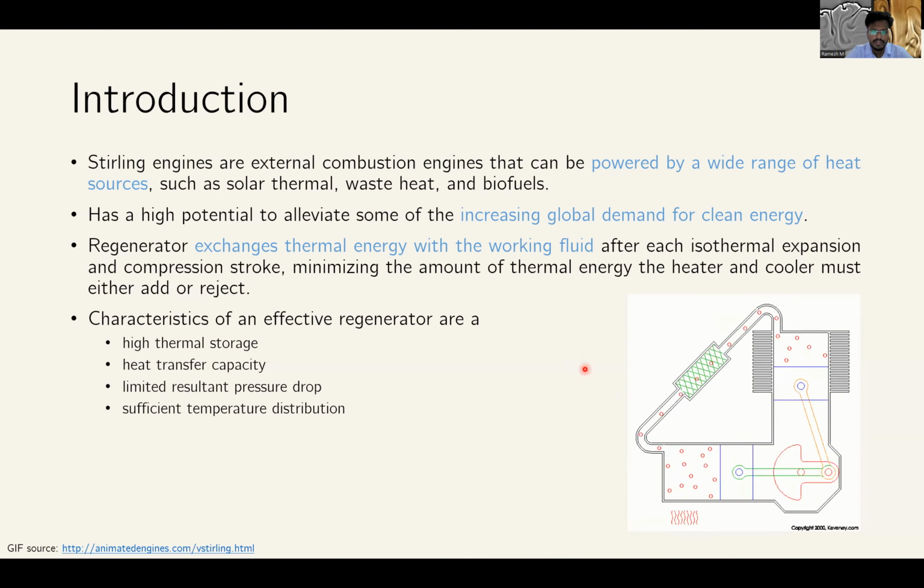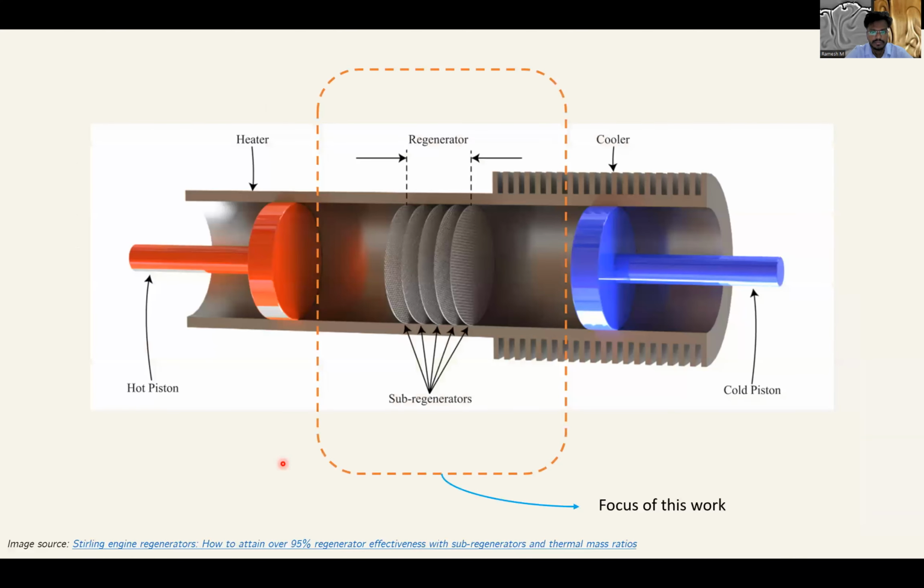So the main characteristics of an effective regenerator are: it has to have a high thermal storage capacity and heat transfer capacity after each isothermal expansion and compression stroke, it has to have a limited pressure drop across it, and it has to have a sufficient temperature distribution.